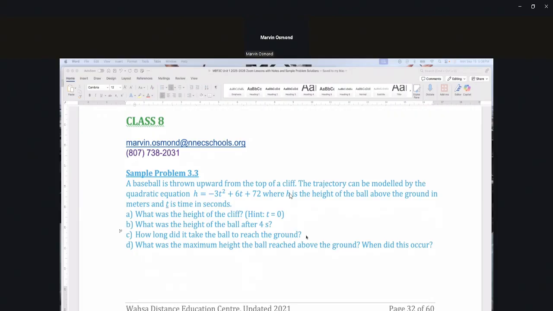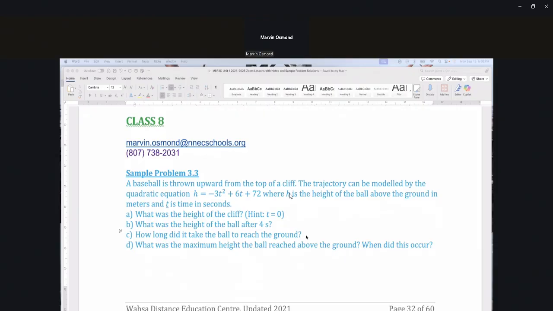That's why we use the variables h and t instead of, we could have used, y equals negative 3x squared plus 6x plus 72. The variable doesn't matter, whatever letter we use, but when we're doing word problems, we try to do it so that the letters make sense. H begins with an H, t begins with a T, so we're going to use those as the variables in this particular case. So there we have the equation.